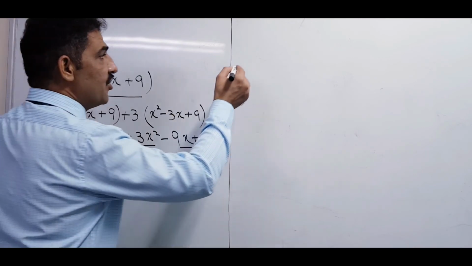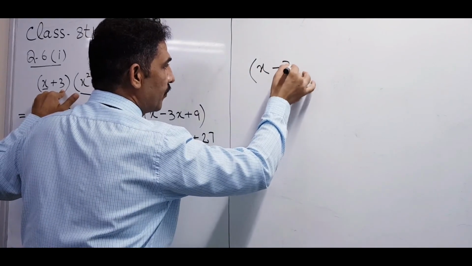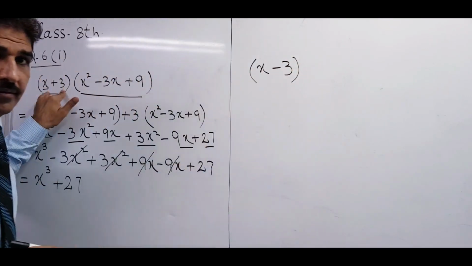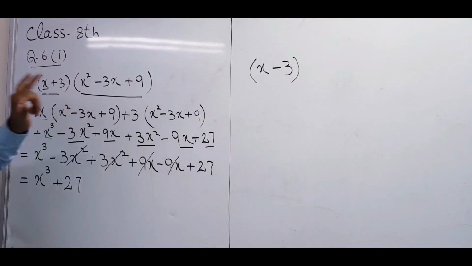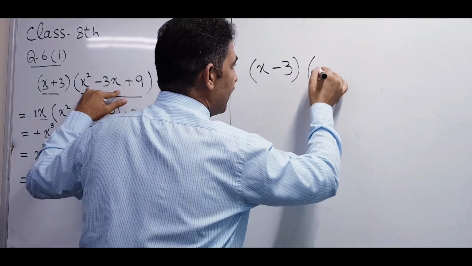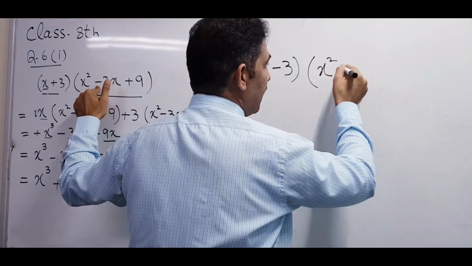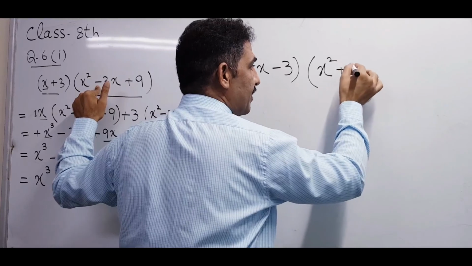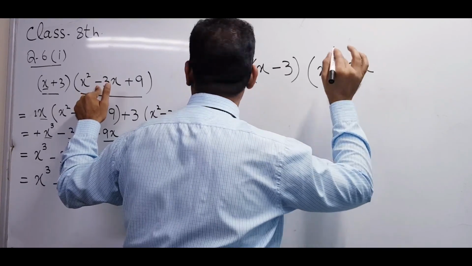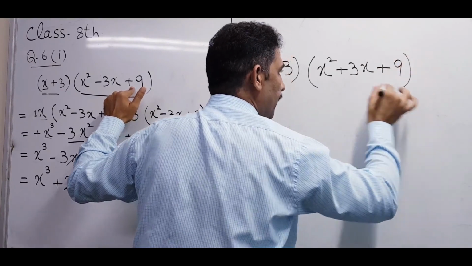So I will change it into x minus 3, correct? And here also a little bit of change. What is that? x square. Here is minus 3x, but I am changing that to plus 3x and plus 9.